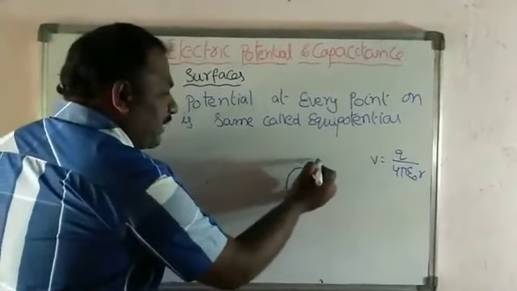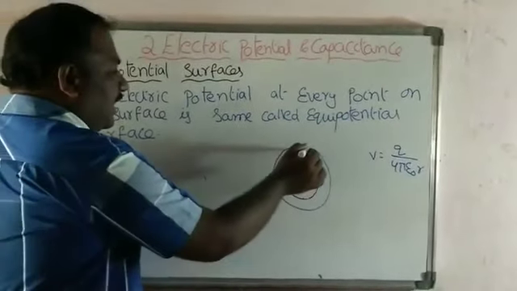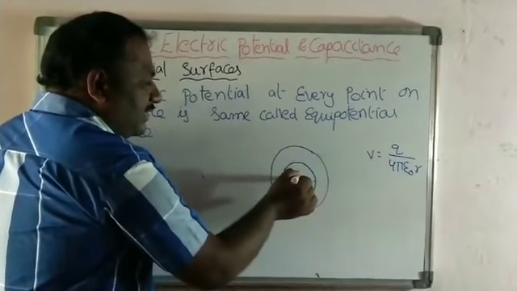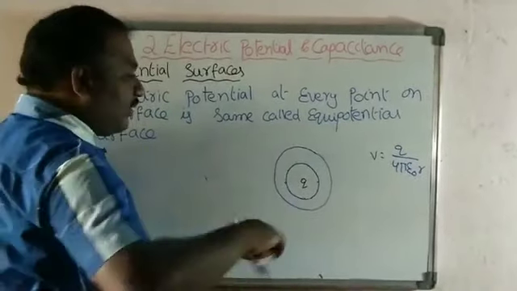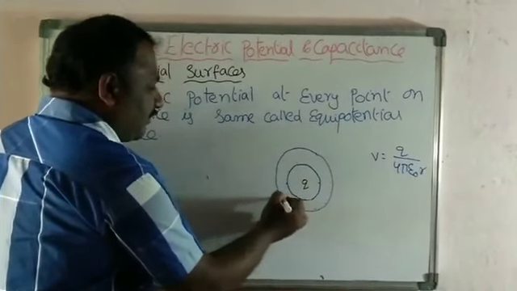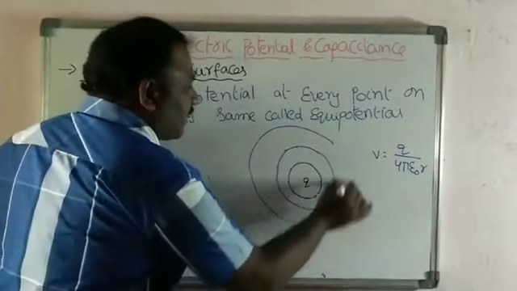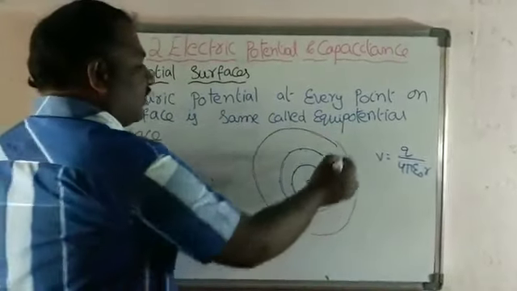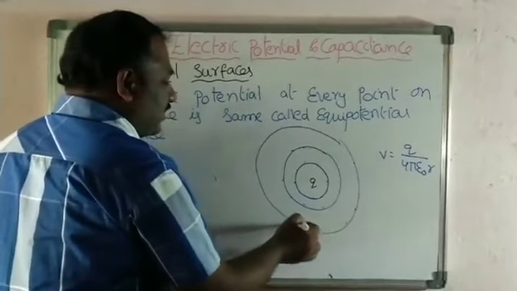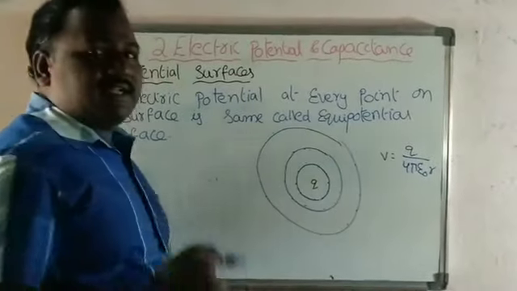Similarly, if you take another surface around that charge, any point on this surface is at equal distance from the charge. So here also the potential at any point on this surface is equal. If you take another surface around the charge, the potential at any point on this surface is also the same. These can be called equipotential surfaces.